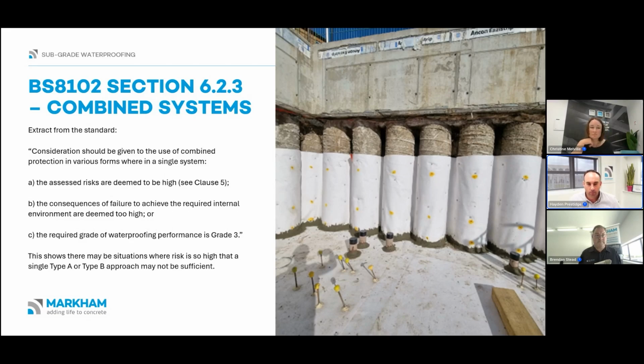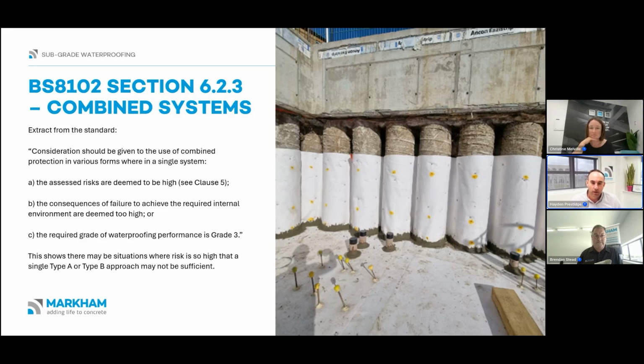A bonded membrane can be penetrated, or something can move, they can crack, depending what the system is. Internally, you're relying on admixtures, you're relying on the structure itself. You might get cracking, you might get settlement movement over time. Is that one system enough?